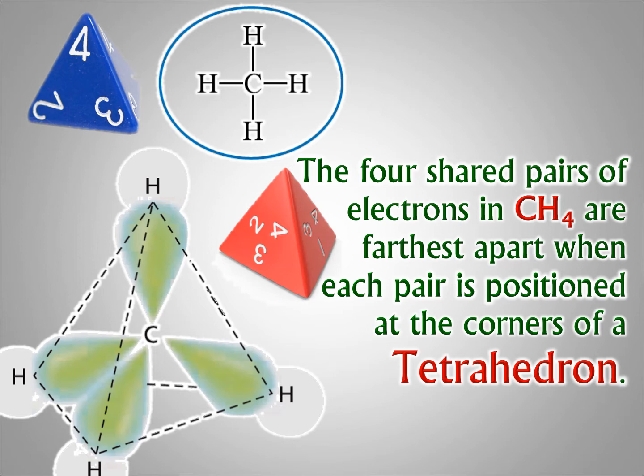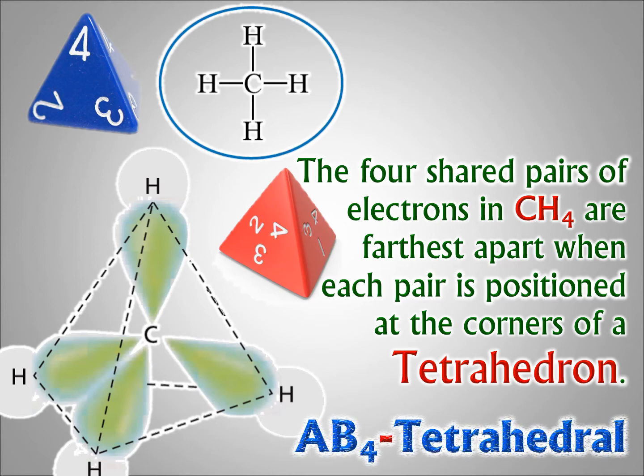And this is the shape that the methane molecule forms. Many molecules form this shape, or even if they don't form this shape exactly, they have this shape embedded in their structure. So this shape forms an AB4 tetrahedral molecule. We see these all the time, many of these.